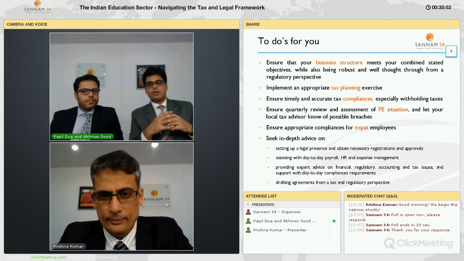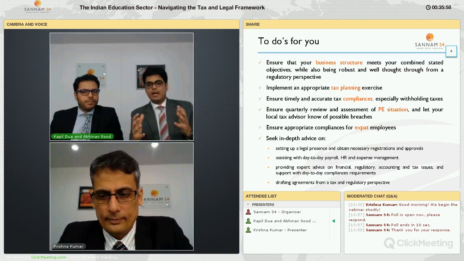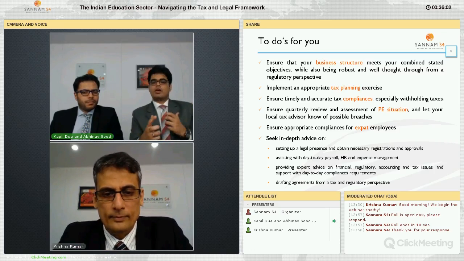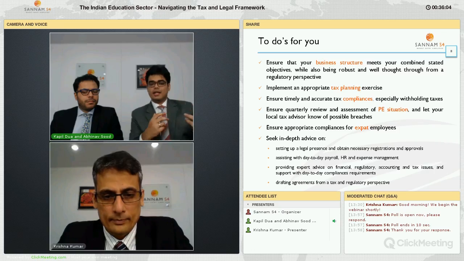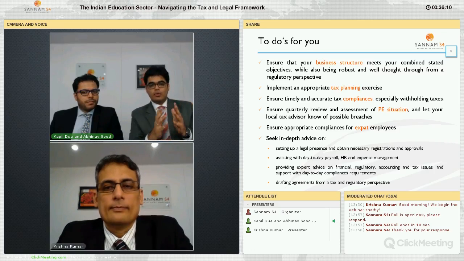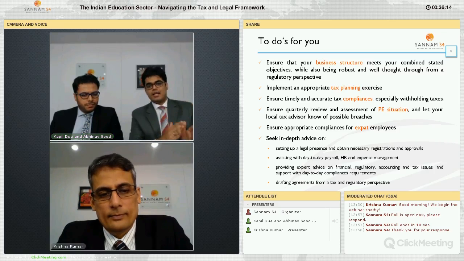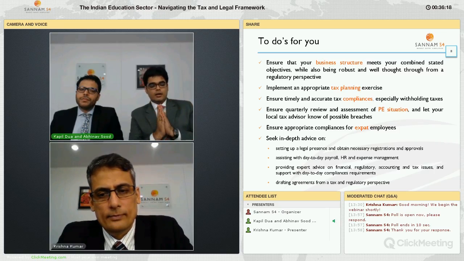While Kapil gave an idea of having a structure in place, there will be many iterations. There will be many slight modifications to this structure depending on what the need is, what the tax implications are, and what types of transactions you want to enter into. So number one, ensure that your business structure is compliant, as well as structured well enough to meet your objectives.